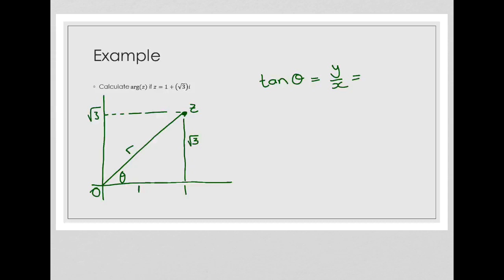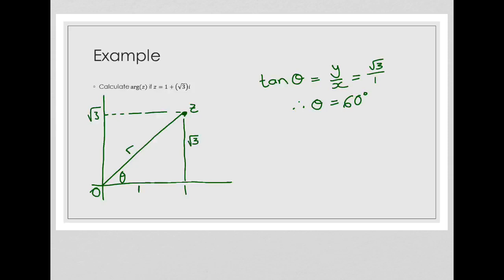In this case, it would be square root 3 over 1. And using special angles, tan of theta equal to square root 3 over 1, or you can just use the calculator. And from this, theta is then equal to 60 degrees. Right, we are working in the first quadrant, so it should be an acute angle.